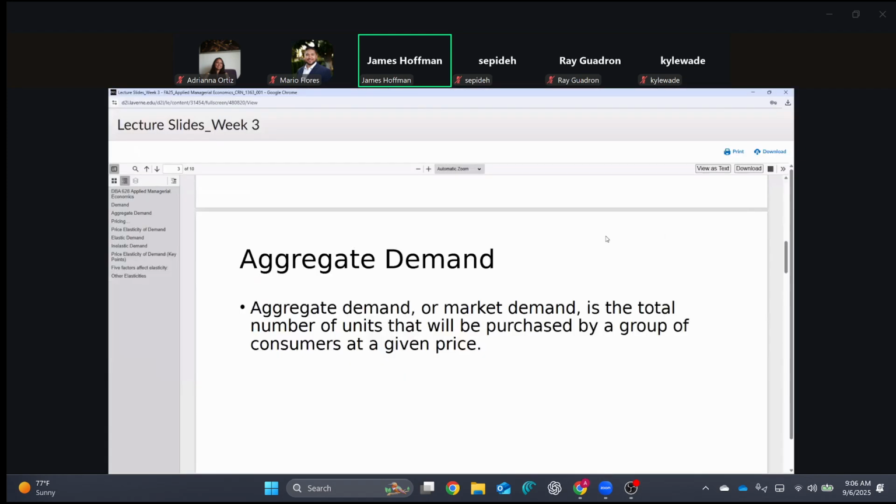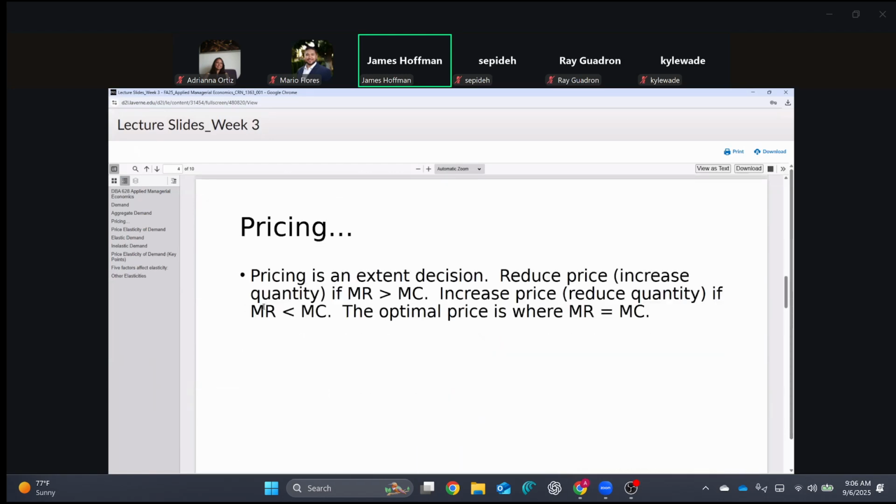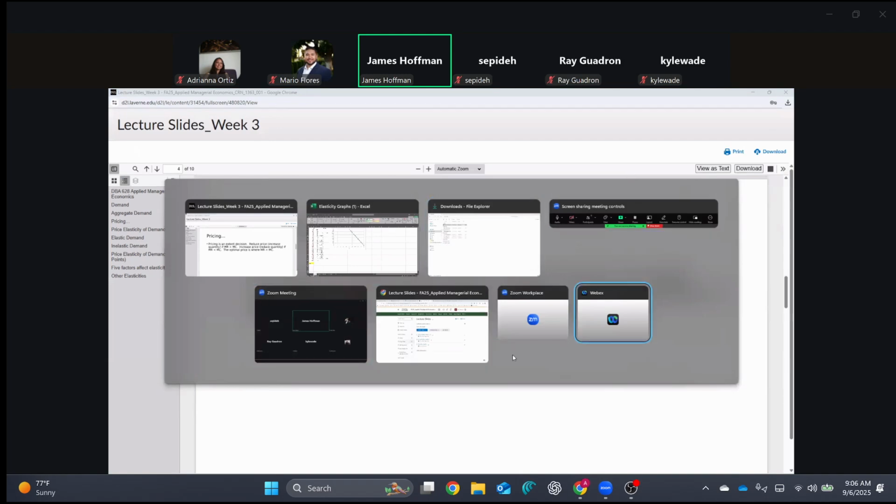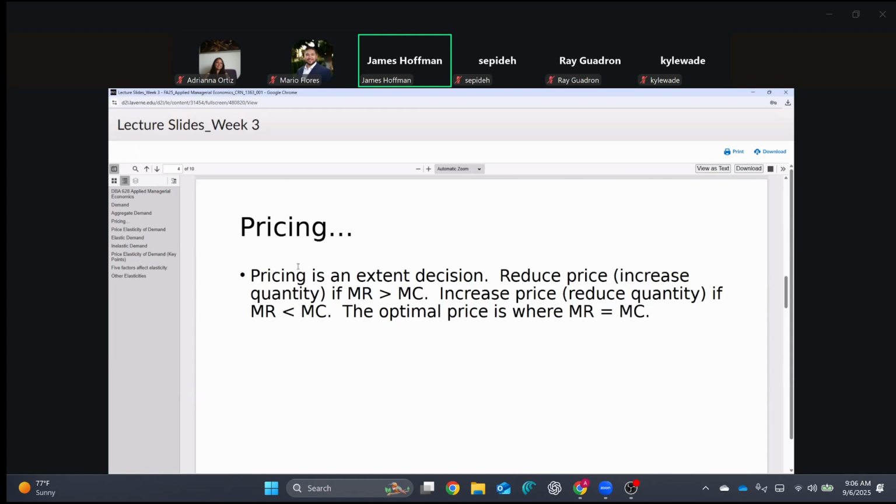Okay, now, next slide is on pricing. So we've already learned before that marginal revenue and marginal costs determine how you should think about producing and not producing.